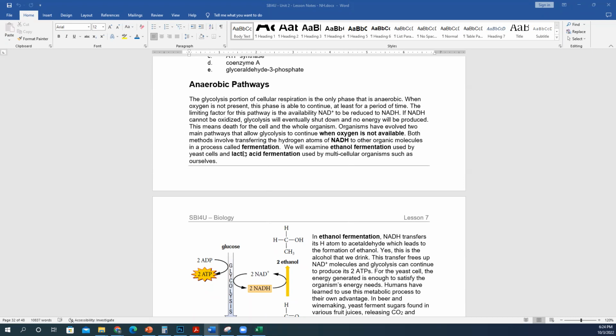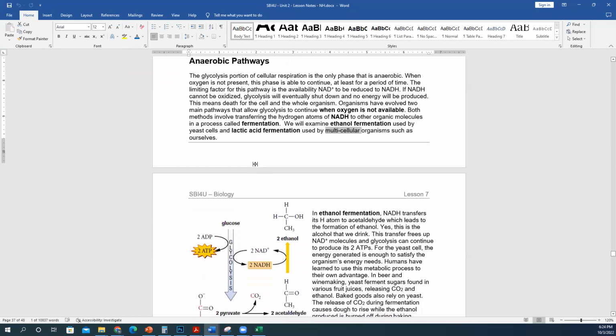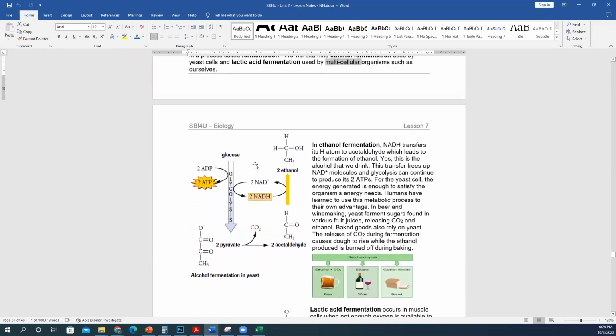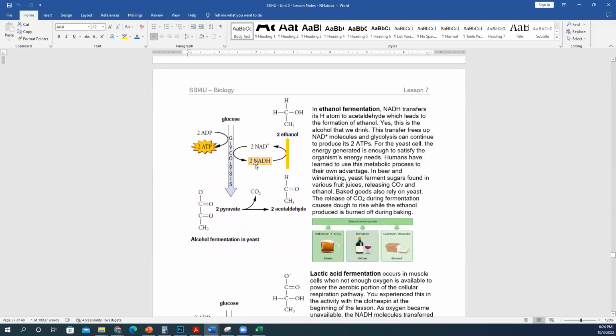We can look at one example, which is ethanol fermentation, used by yeast cells, and also lactic acid fermentation, used by multicellular organisms, ourselves being an example of an organism that can make use of lactic acid fermentation. So let's compare and contrast these two ways.